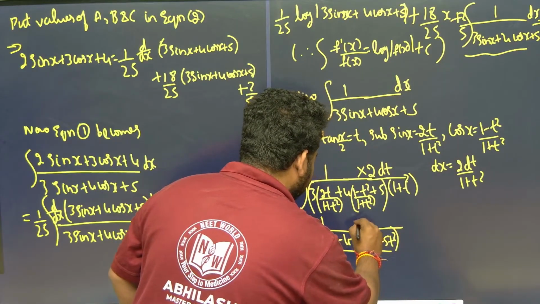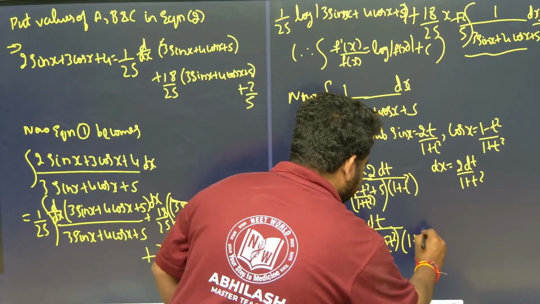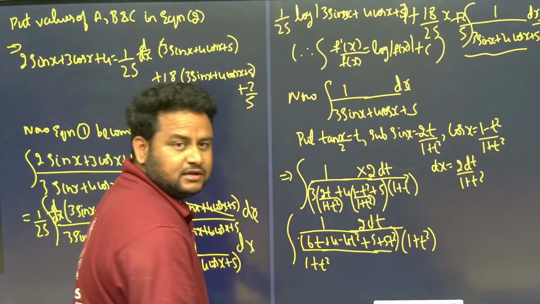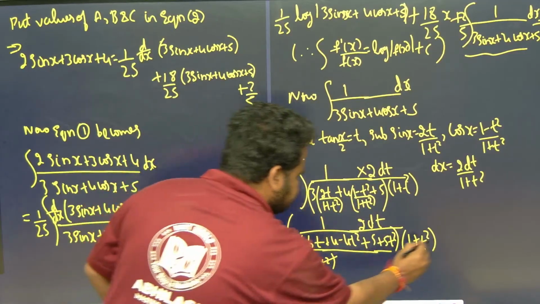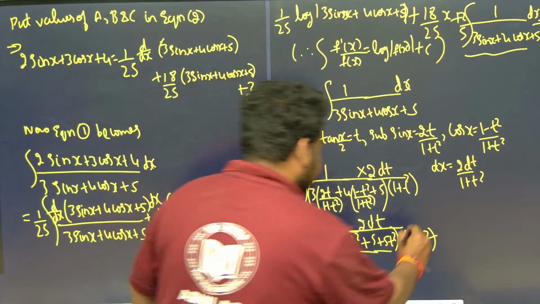In the numerator we will have 2 dt into 1 plus t square. So the 1 plus t square I can cancel here, and I will be left with this thing.